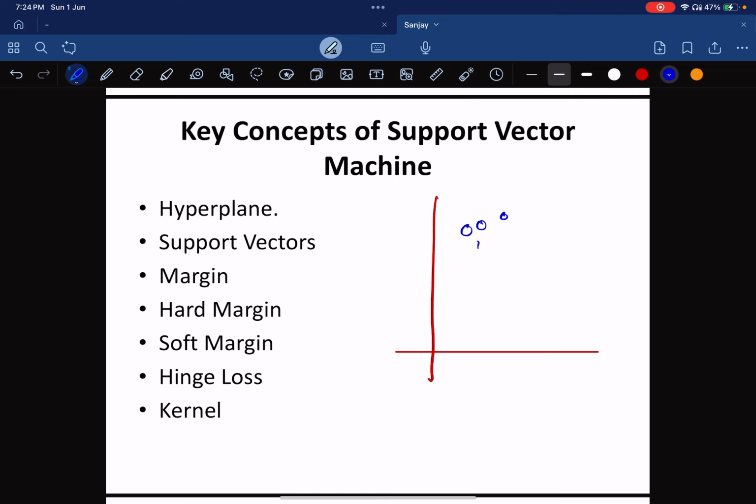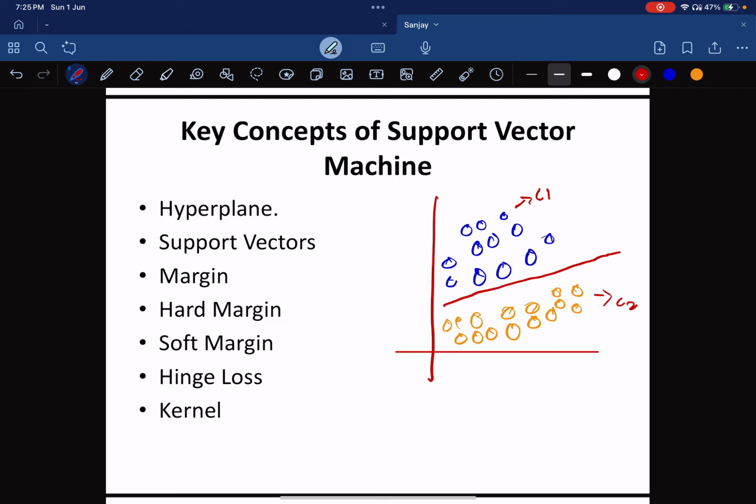These are class 1, these are class 2. For this data, we need to draw some hyperplane to separate these classes, because this is class 1, this is class 2. So we draw a hyperplane to separate these classes.